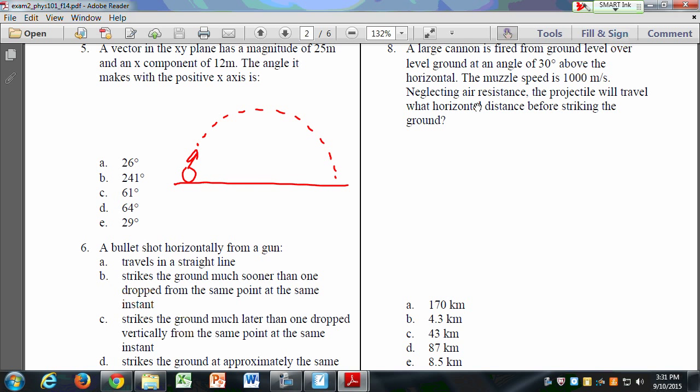I want to know this distance, so I'm looking for x. I know that the speed here is 1,000 meters per second, and that this angle is 30 degrees. I further know that v in the y direction is equal to 0 at that point. What's my first thing to do?